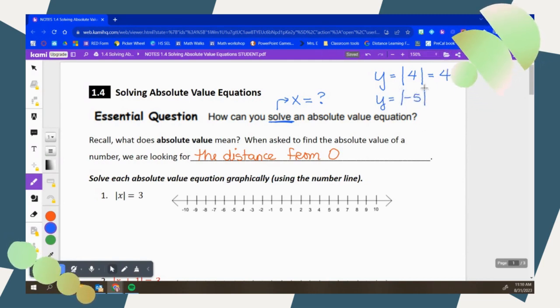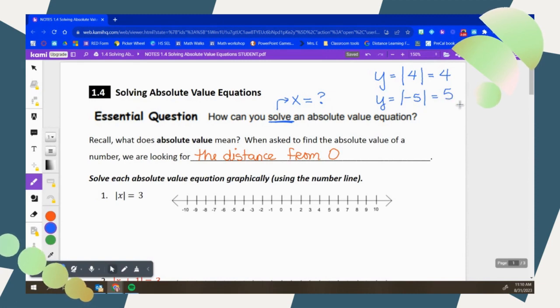How far is -5 from 0? 5. Remember, if we're talking about how far, I'm asking you for a distance. Distance is not negative. So whatever's inside the absolute value is always going to come out as a positive, because we're talking about how far it is away from 0.